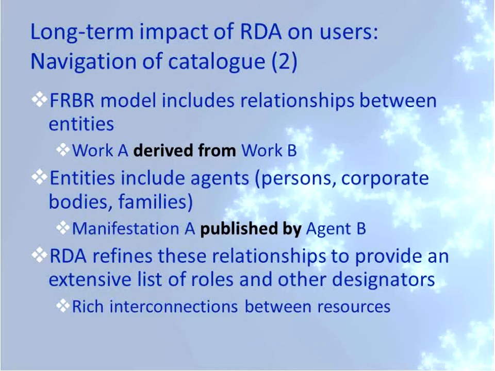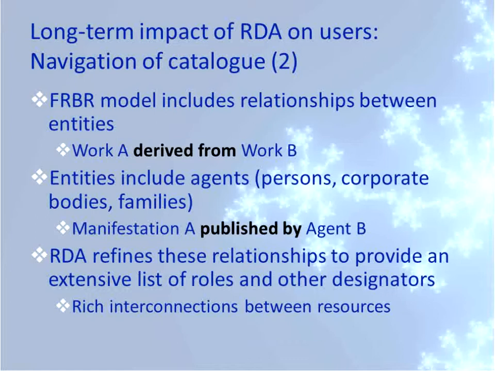I mentioned earlier that FRBR, as well as allowing navigation between bibliographic records split into the four elements of FRBR, also allows navigation through the complex relationships between these entities, between works, between manifestations and expressions.